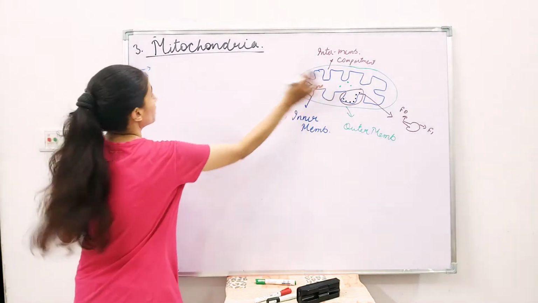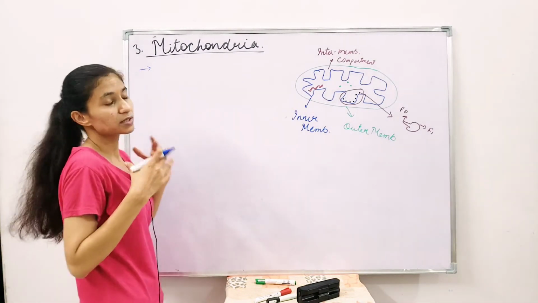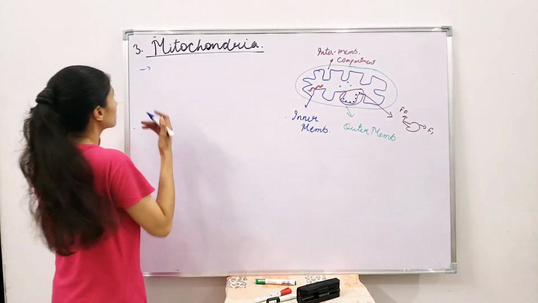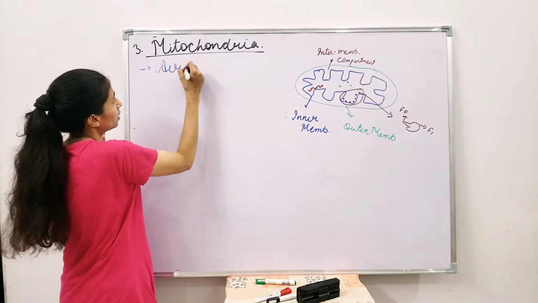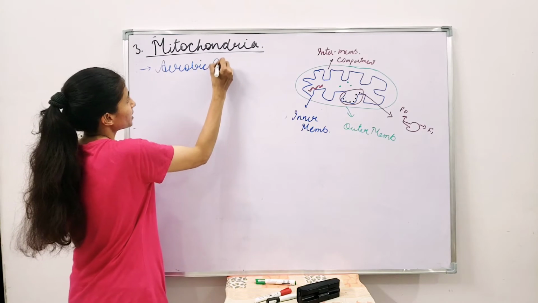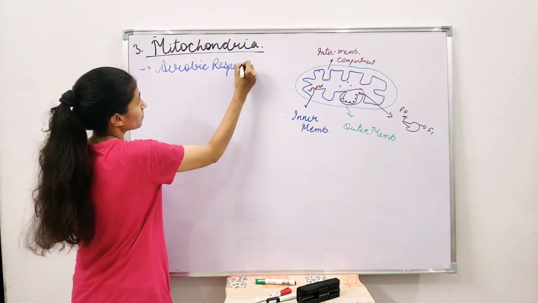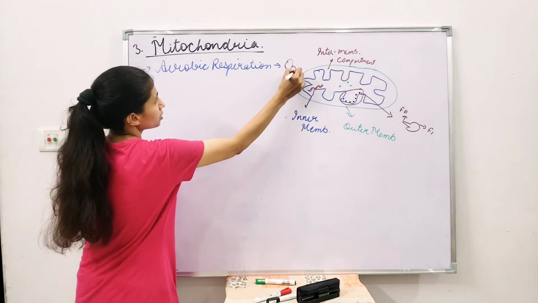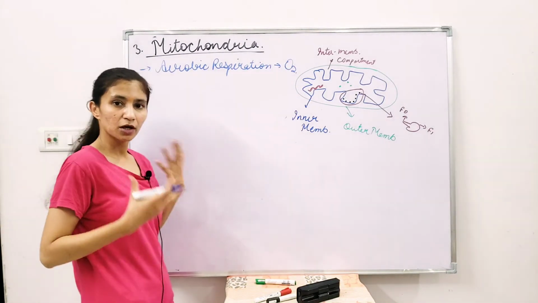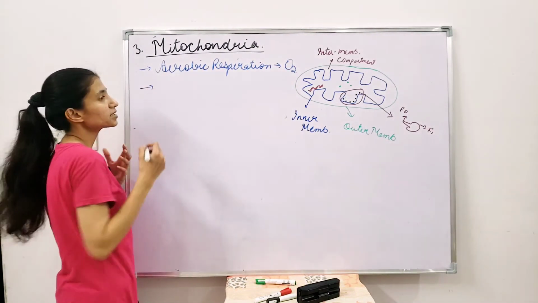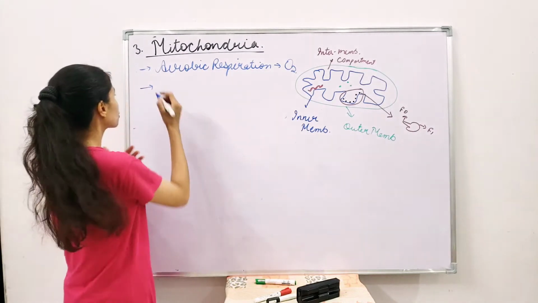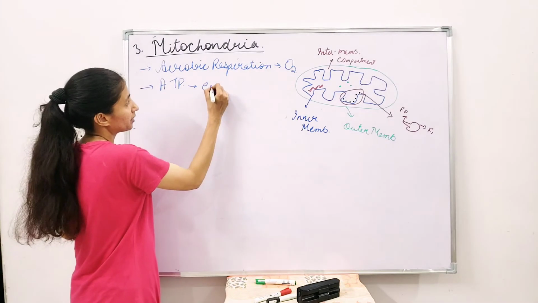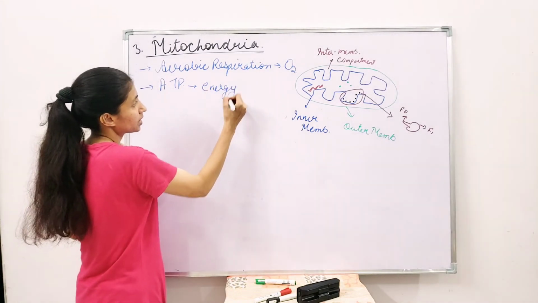I said that we are going to study a very important topic, that is mitochondria. Why is this mitochondria so important? Because the mitochondria is the site of aerobic respiration. What is aerobic respiration? Where we use oxygen. What does it produce? It produces ATP, which is the energy currency.